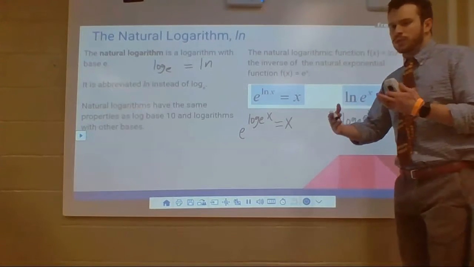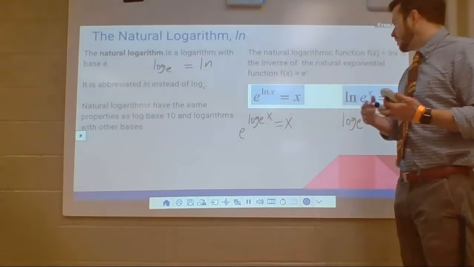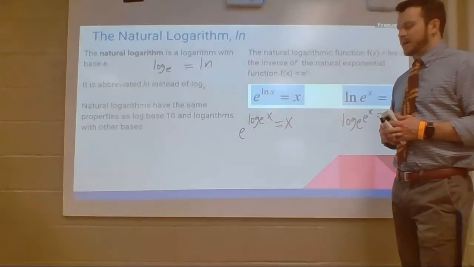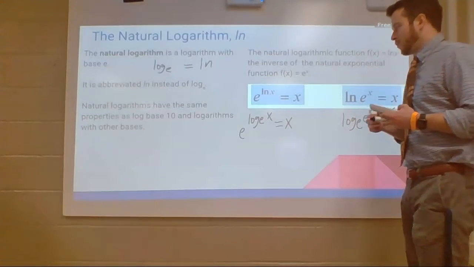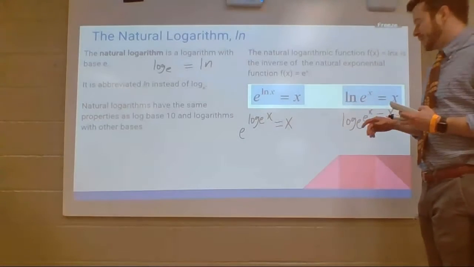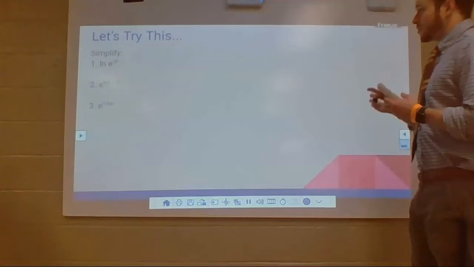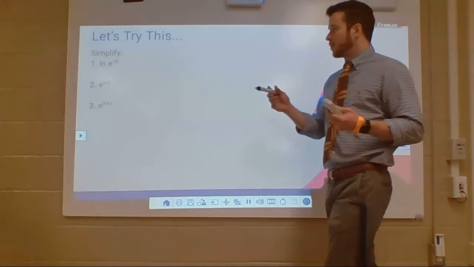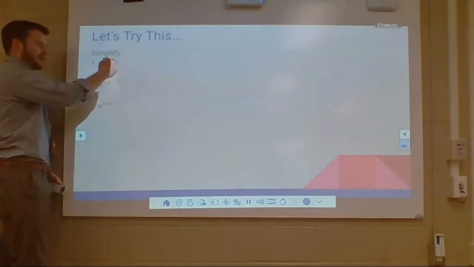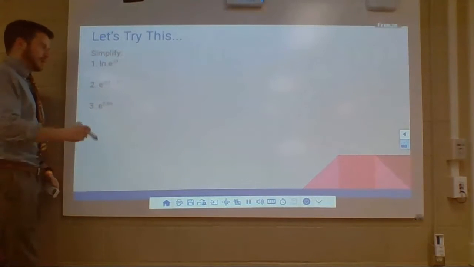So we're going to use e and ln throughout this lesson, so I just want to give us a little basic understanding of these before we work some problems. If you feel a little overwhelmed, I think it's about to get a little bit easier as we move forward. So now let's try some problems. Here we've got ln of e to the negative 2t power.